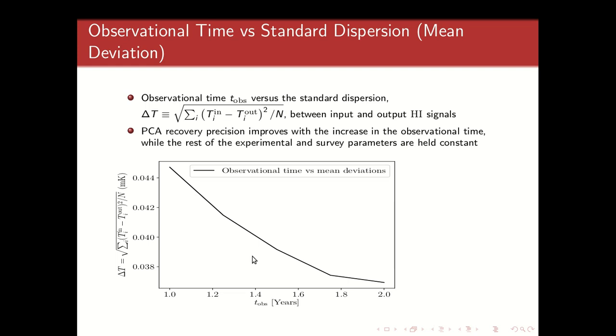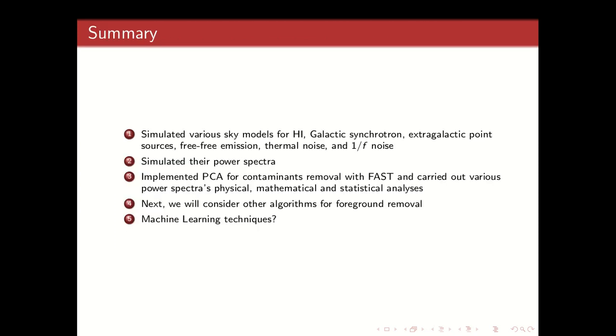We also checked how the precision of PCA neutral hydrogen signal recovery varies with observational time, and I find that if we increase the observational time, PCA recovery precision is likely to increase. Similarly, if we decrease the survey area. Thank you for listening.